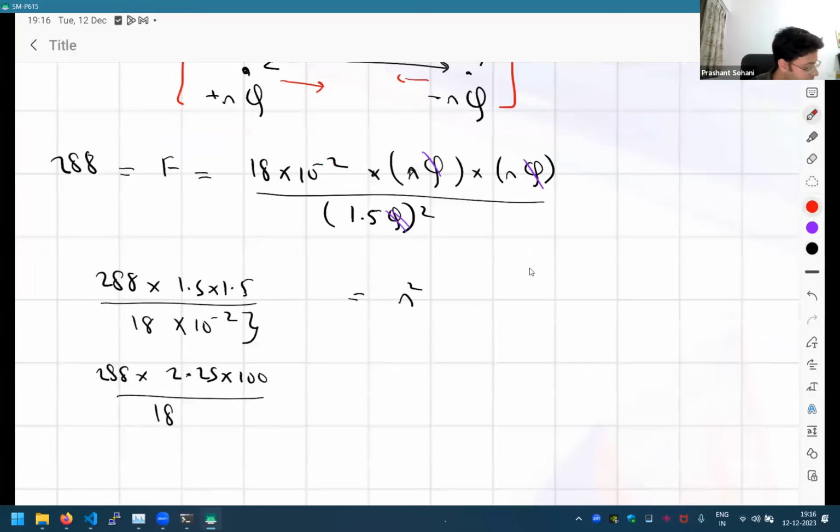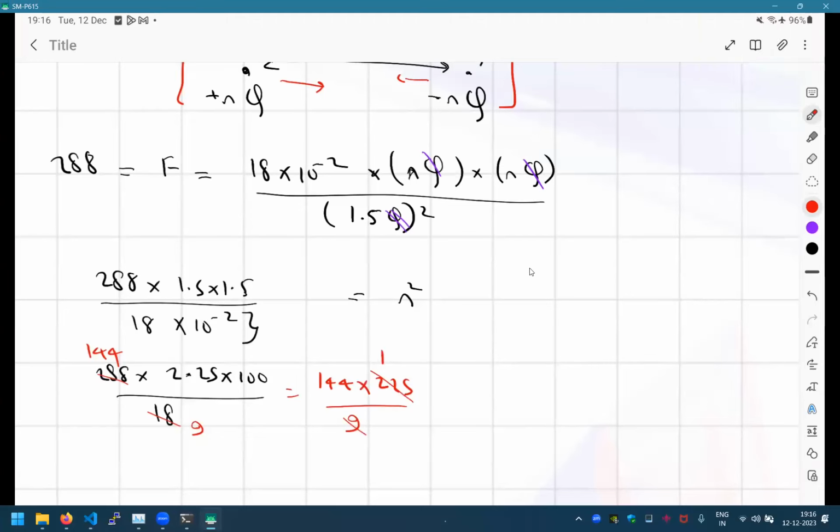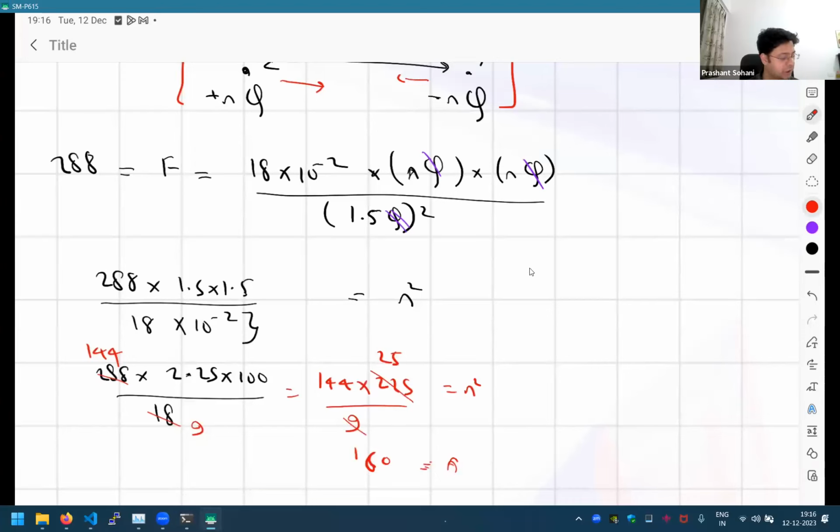I think many things will cancel. So n square is this. So n will be just the square root of that, which is 60. So n is 60, which means that there are 60 electrons going from x to y, right?